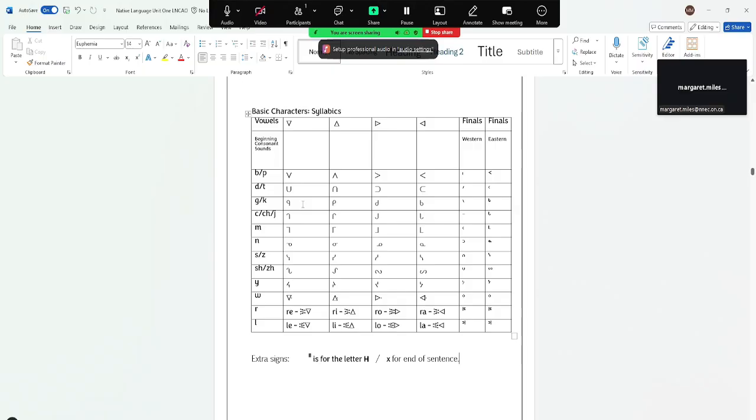The next column going down. Ge, Gi, Go, Ga. The G sound. And K sound, Ke, Ki, Ko, Ka. Che, Chi, Cho, Cha. Ja. And Ka. Next one, the M sound. Me, Mi, Mo, Ma.